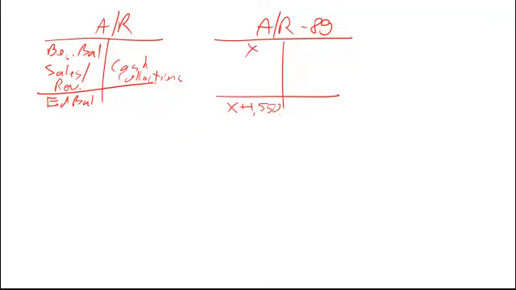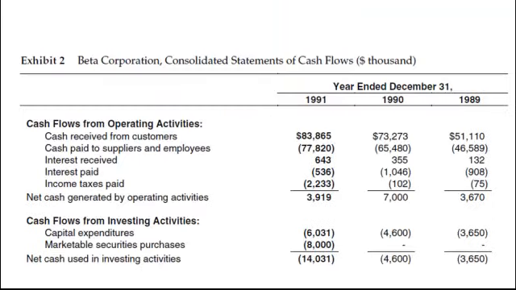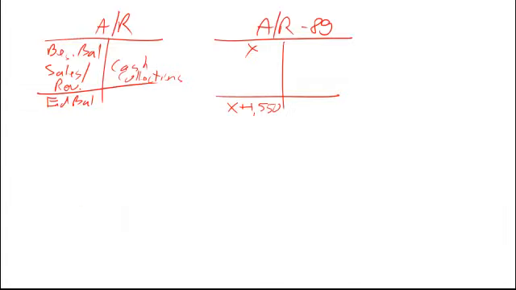Because I know from the reconciliation that there was an increase in accounts receivable. I also know from the direct method that my collection from customers was 51,110. So I would put 51,110 under the collection. And now I can figure out the missing number. The missing number would be the sales for the year. Looks like the sales for the year are very, very similar to the collection, a bit higher, 52,660, and everything seems fine.